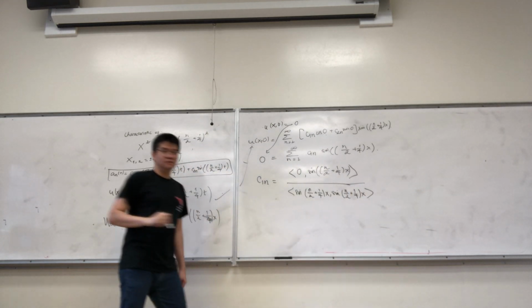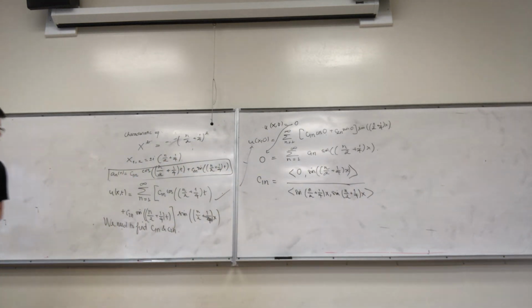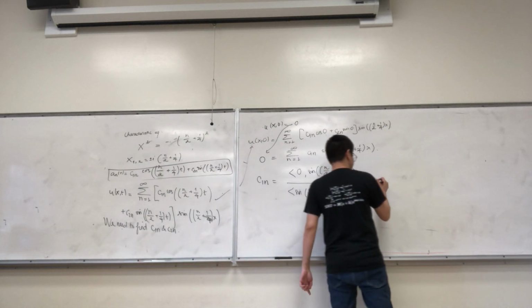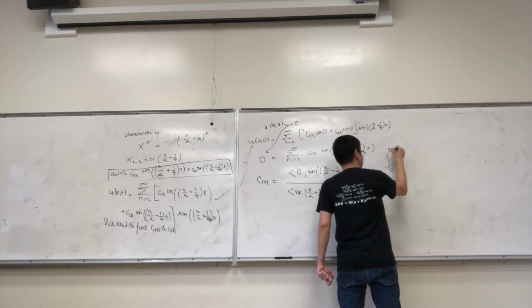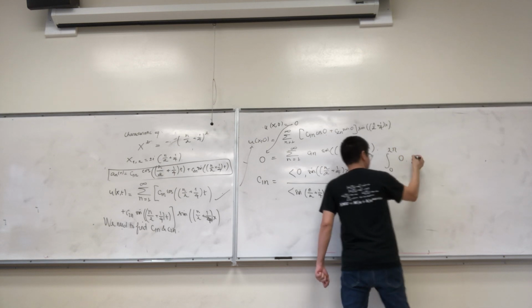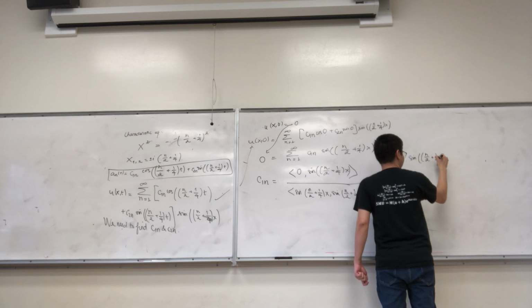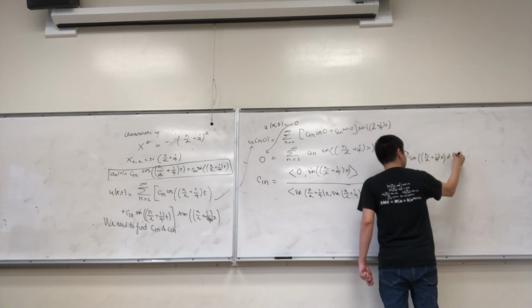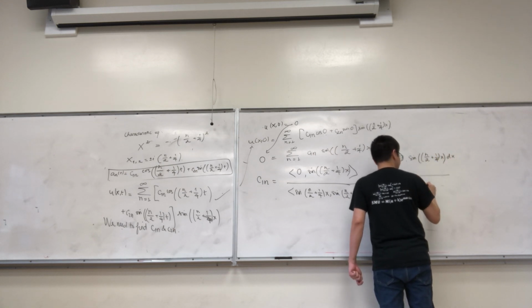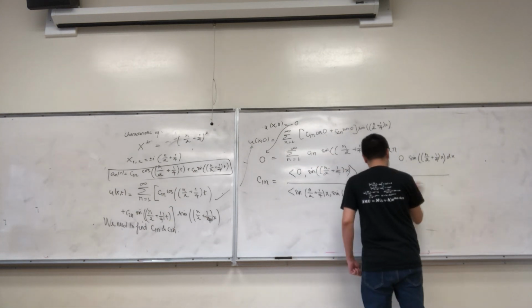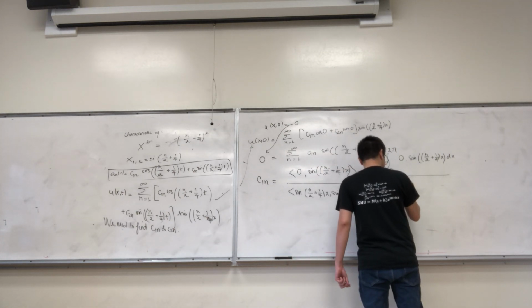Won't this just be 0 though? Yes, this is 0. It is the integral from 0 to 2 pi of 0 times sin(n/2 + 1/4)x dx, divided by this inner product.